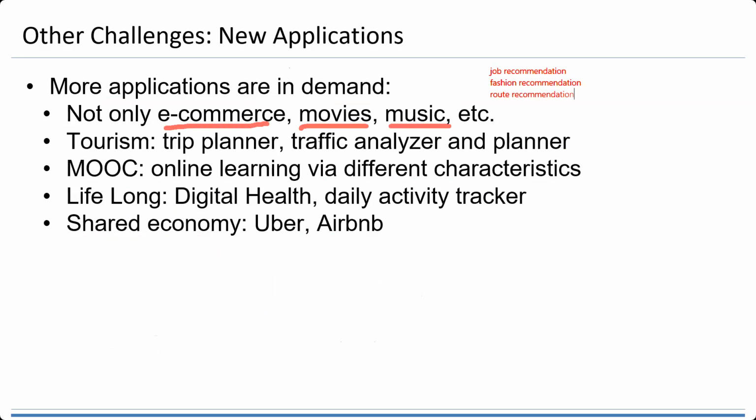If the traffic is very complex, with many traffic jams for example, then we can recommend another way to make the time shorter than the original time. We call this route recommendation. It is also applied to tourism. We can make a trip planner, and we can analyze the traffic and the planner.